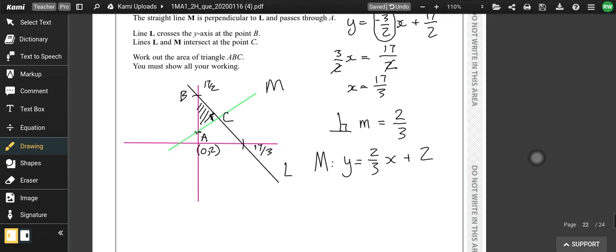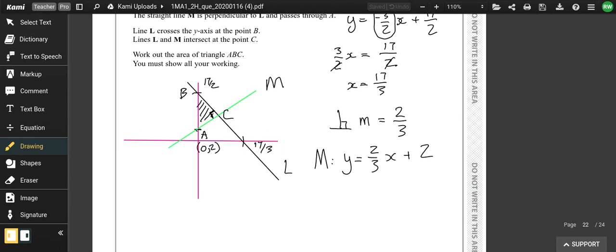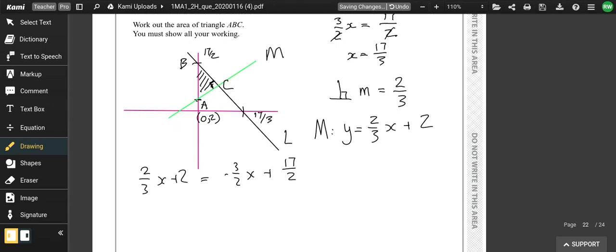So simultaneous equations, or we can substitute for y, because we've got y equals in both cases. So I'm going to do 2/3 x plus 2 is equal to the original equation, minus 3 over 2 x plus 17 over 2. Times everything by 2: 4/3 x plus 4 equals minus 3x plus 17, and then times everything by 3 to clear all these fractions.